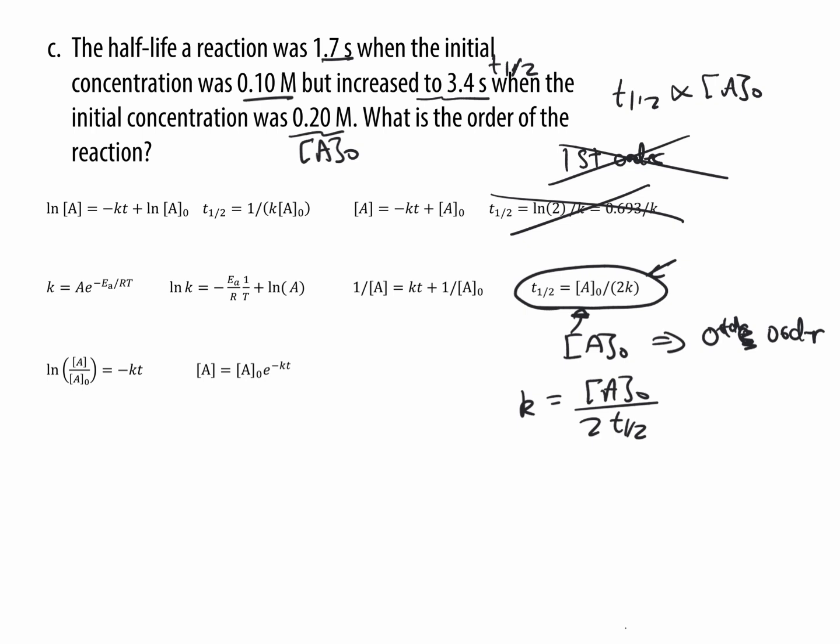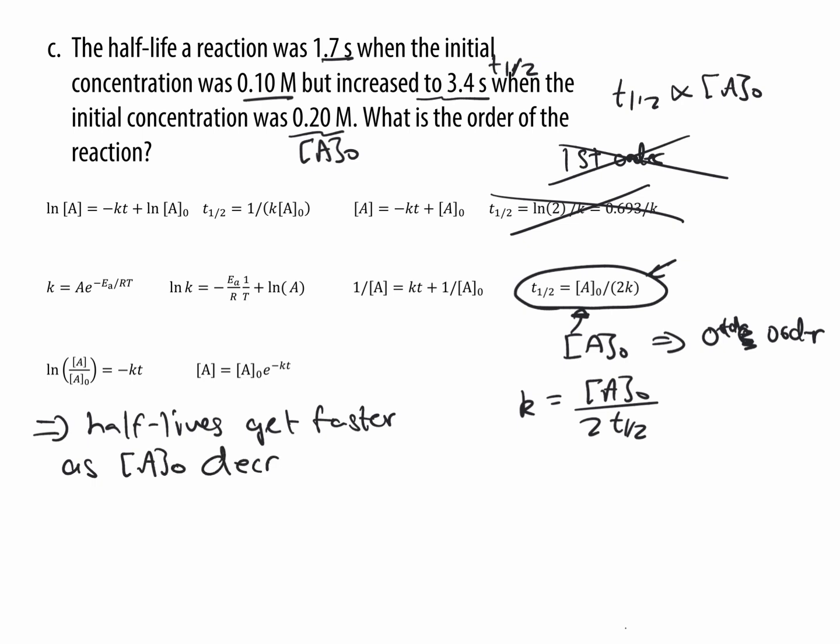So really, in the course of a reaction, this is the case where half-lives get faster as the concentration of A decreases. So less A, shorter half-life, which is what this equation is expressing.